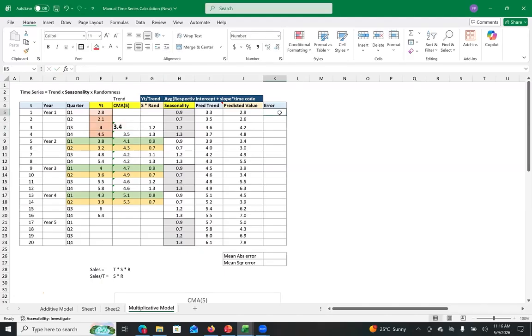Okay. So for error, I'm going to directly calculate the absolute error, right? The actual value minus the predicted value. We can use this function ABS. ABS is going to give us the absolute value.